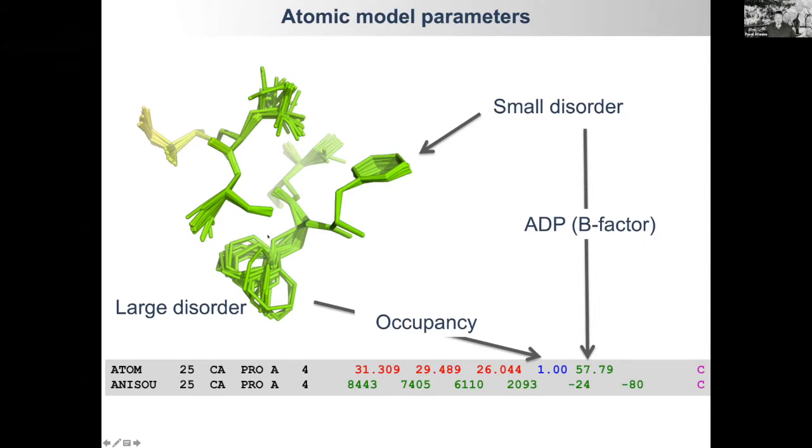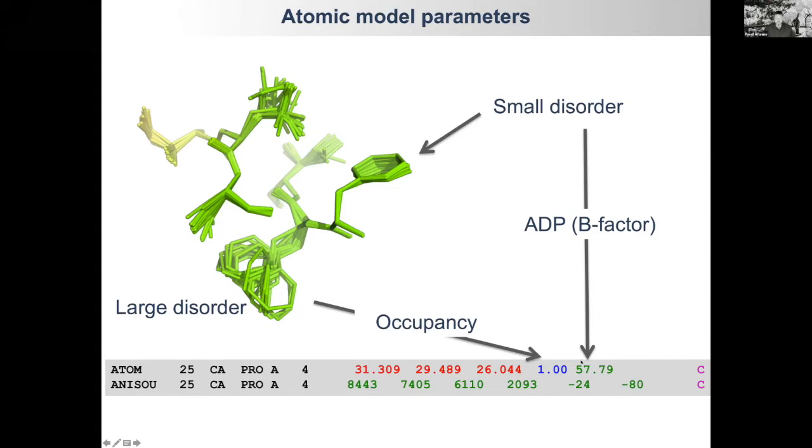So this we model with alternative conformations, and the parameter that describes the situation is called occupancy. In this particular example, it's not really accurate because here we have two instances of the side chain. In your PDB file, you have two atom records with two copies of the same atom ID, different coordinates.